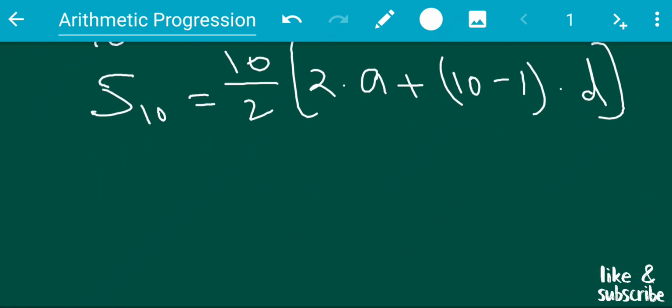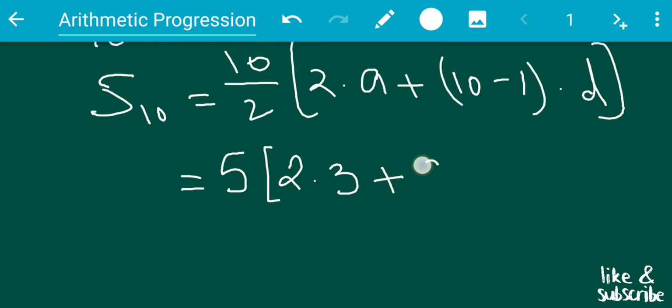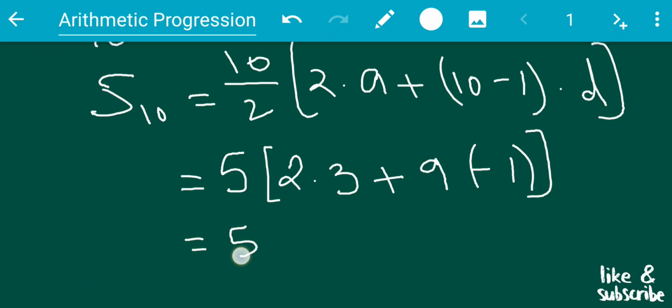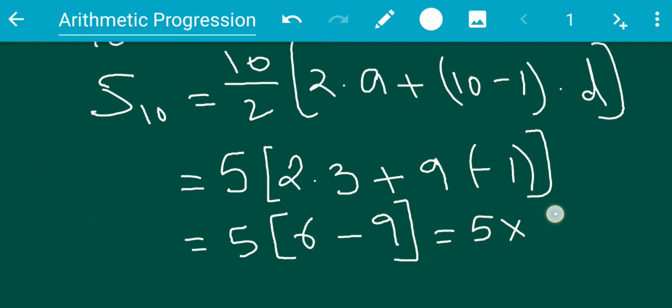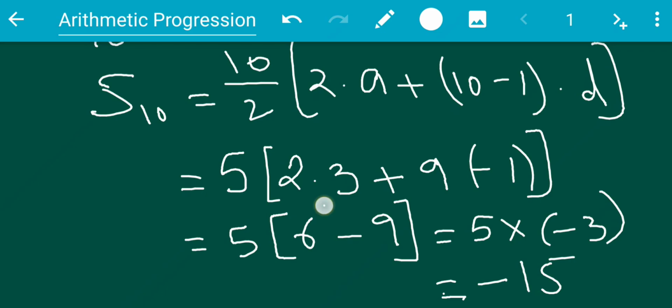So this will be 5 into 2 into 3 plus 9 into minus 1. So this is 5 into 6 minus 9, that is 5 into minus 3, that is minus 15, which is the sum of the first 10 terms of the AP whose first term is 3 and common difference is minus 1.